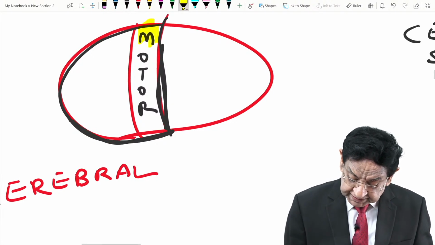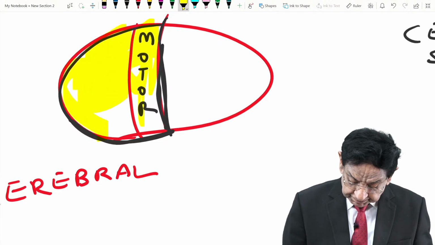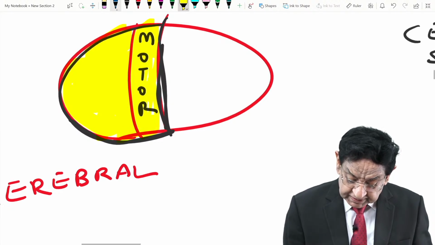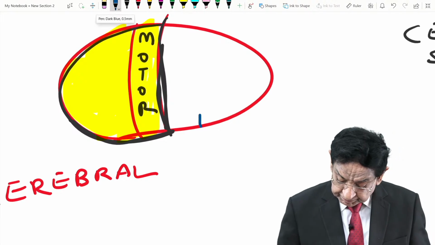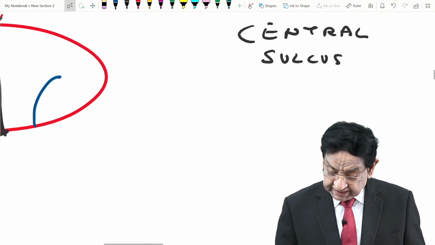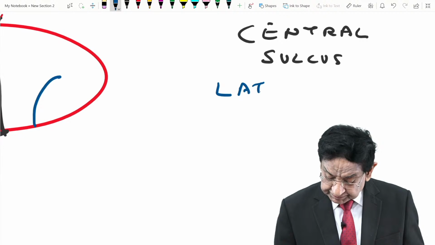Let me draw with a yellow color. This whole is the frontal lobe. We have a lateral sulcus. This is the lateral sulcus.